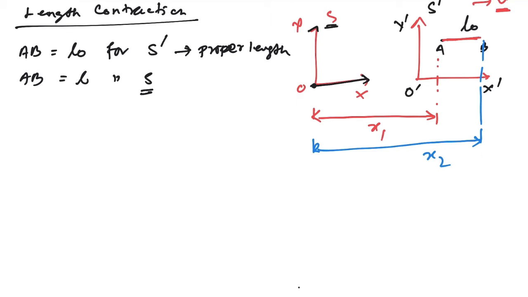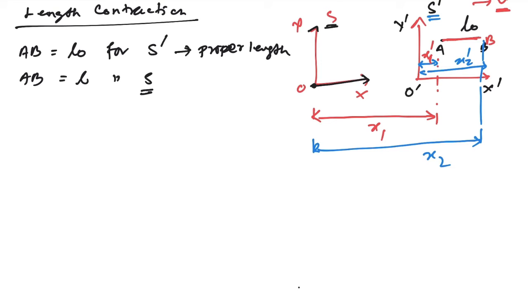And with respect to this S dash, let me write it clearly, this is x1 dash, and the position of B is x2 dash.